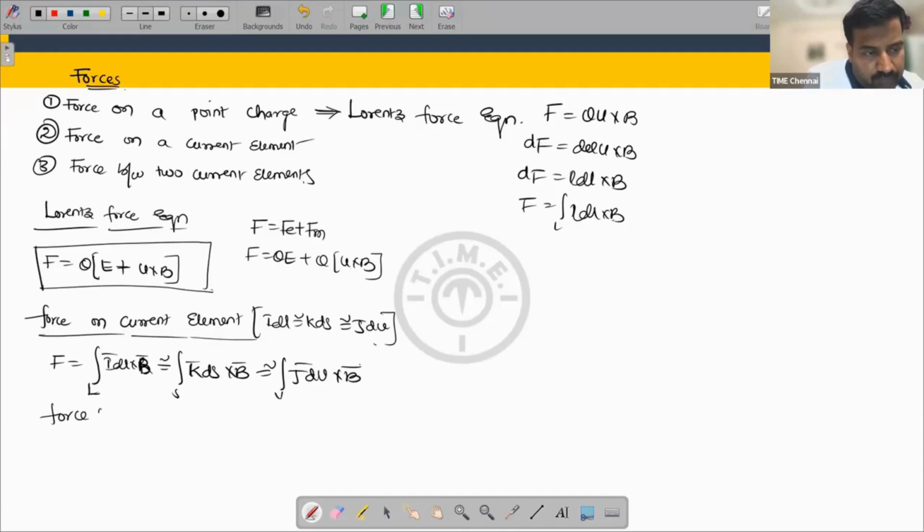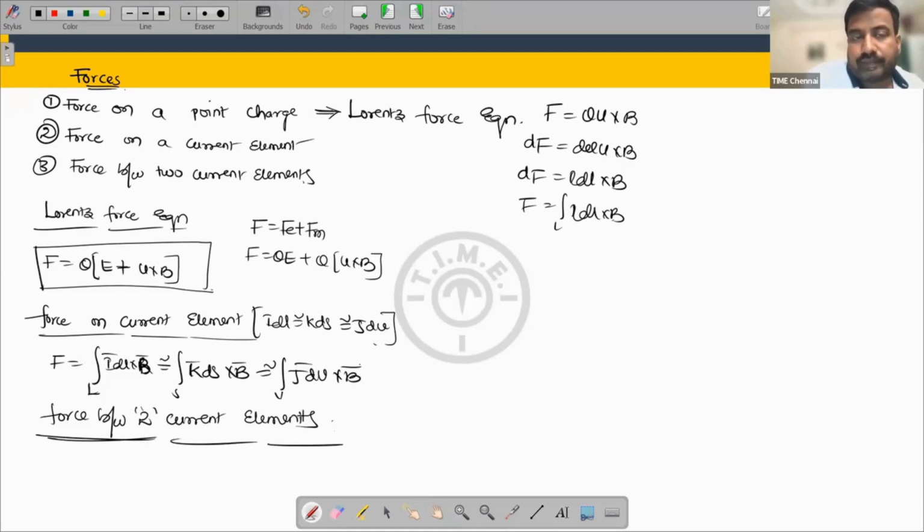Similarly, if you take force between two current elements, what is force between two current elements called? What is the term that we use to represent force between two current elements?